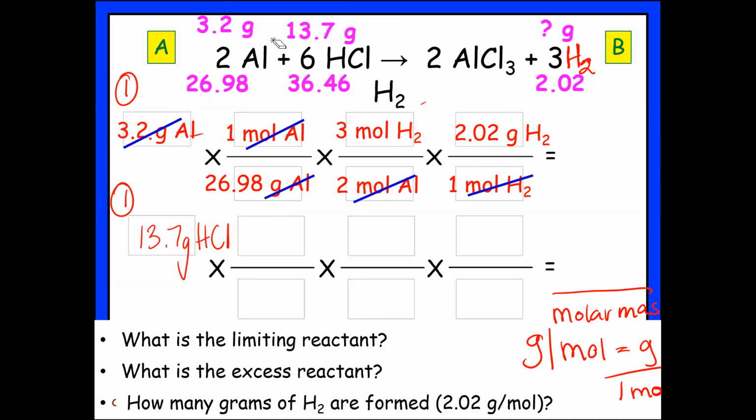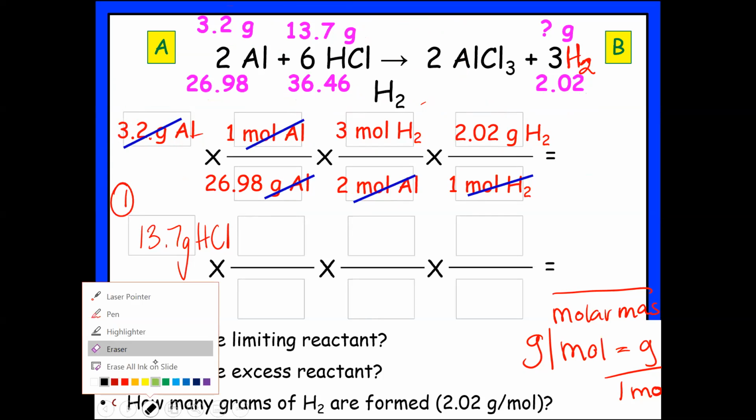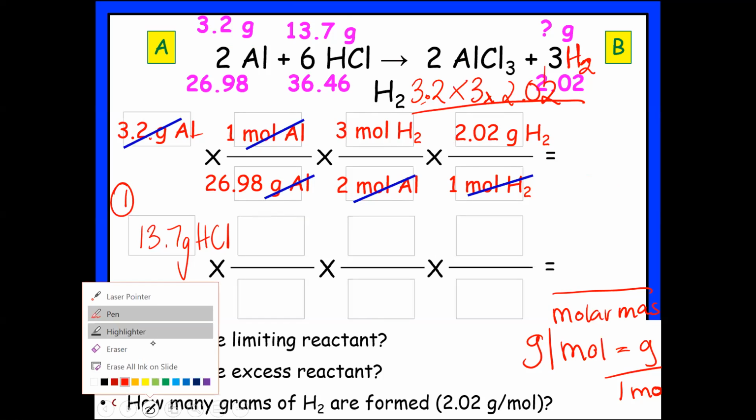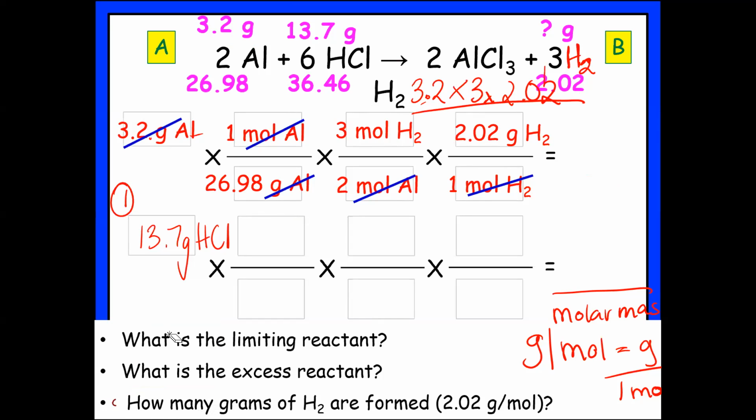It will be 3.2 times 3 times 2.02, divided by everything in the bottom.